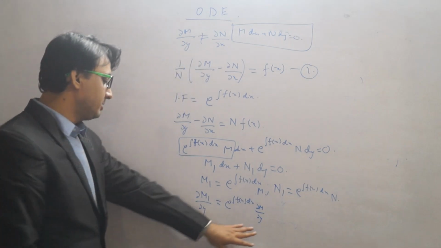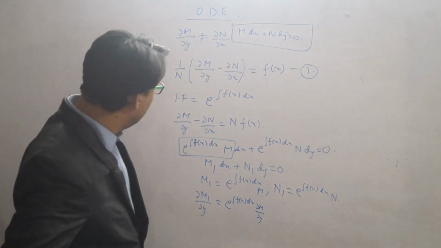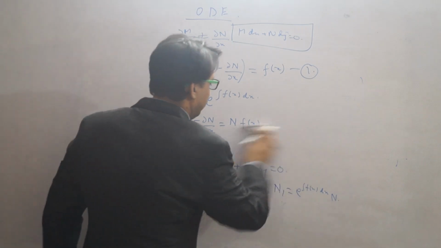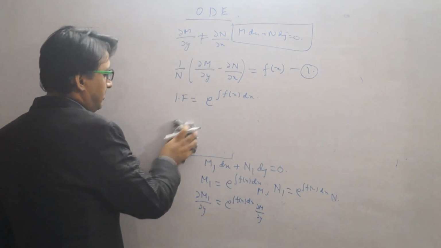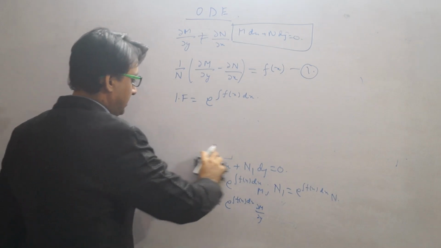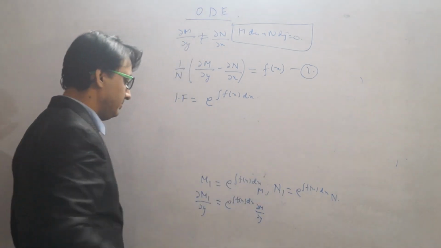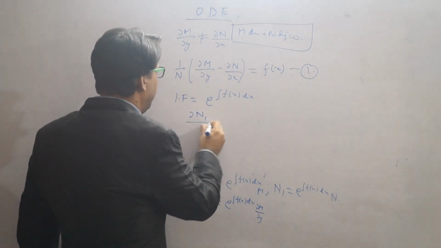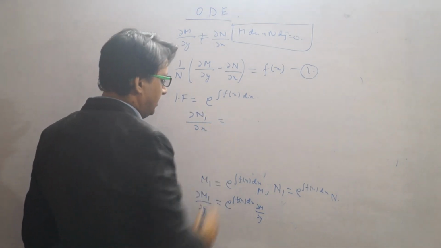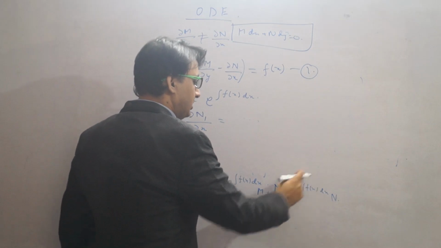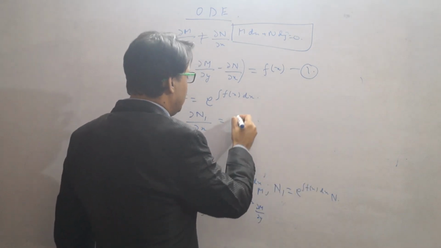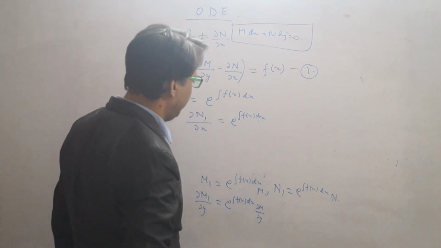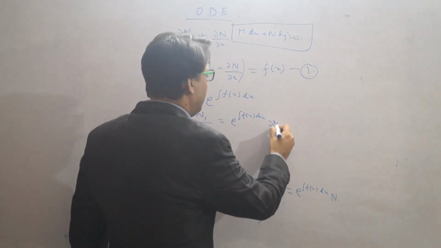Okay, till this point it is clear. Now I will find ∂N1/∂x. Again I am keeping this function as constant, e to the power integral f(x) dx. This will be ∂N/∂x.